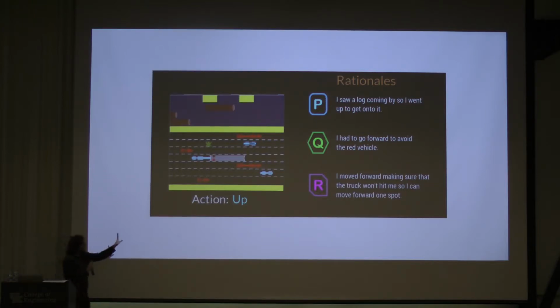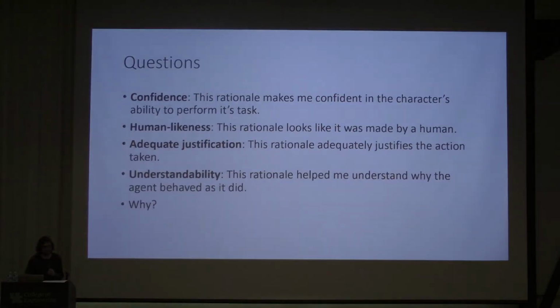So what people would see is a small clip of an action taking place in Frogger. And then they'd be given these 3 rationales or explanations about what's going on, and then asked to answer questions about each of these, or to be specific, rate their agreement with the following.